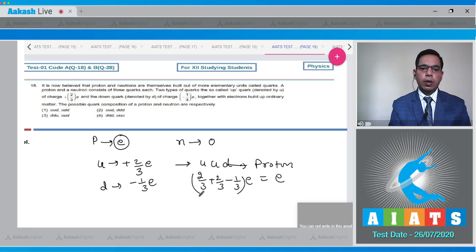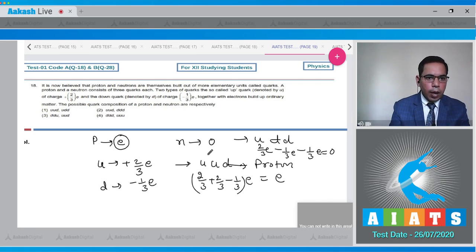Similarly for the neutron, there will be 1 up quark and 2 down quarks, because it has plus 2 by 3 e charge and here will be minus 1 by 3 e and minus 1 by 3 e. That means the net charge will be 0. Hence we have option number 1 as UUD and UDD, which is the correct answer.